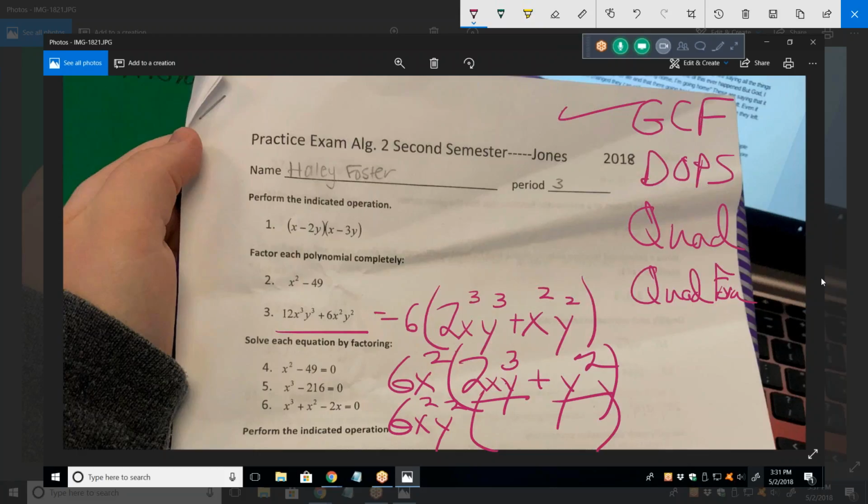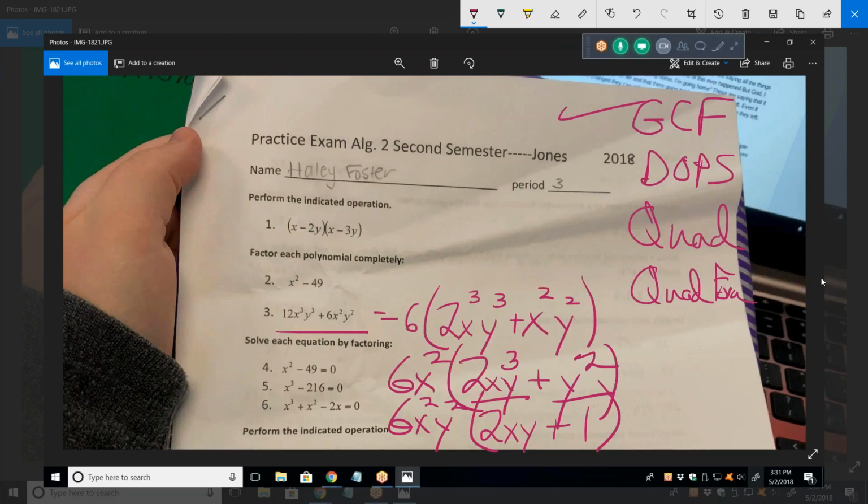And it's only y squared. It's not y cubed. Y cubed does not divide into y squared evenly. Y squared does divide into both y cubed and y squared evenly. So what we're left with here is xy plus 1.